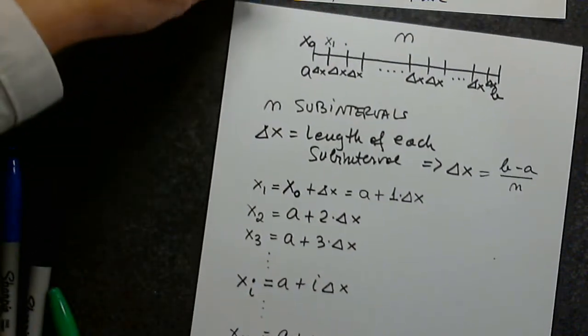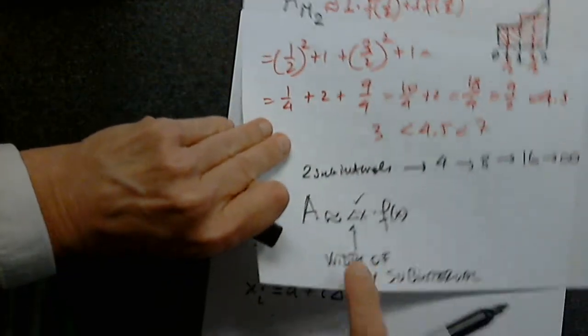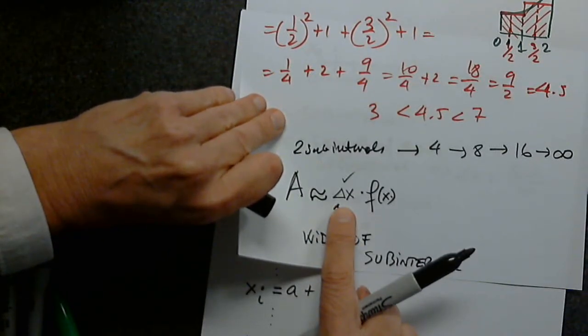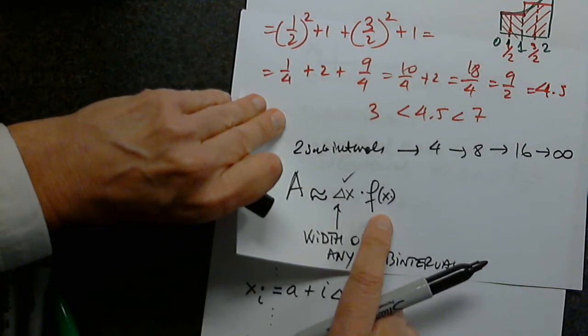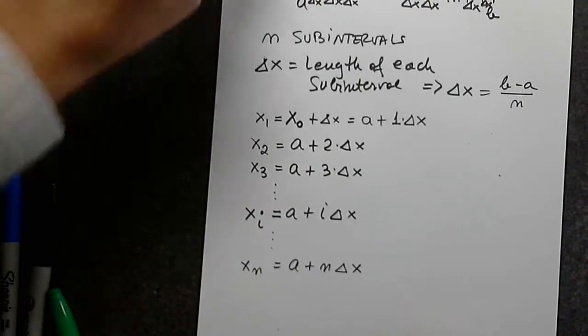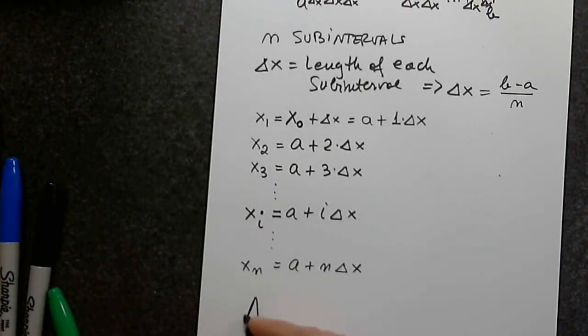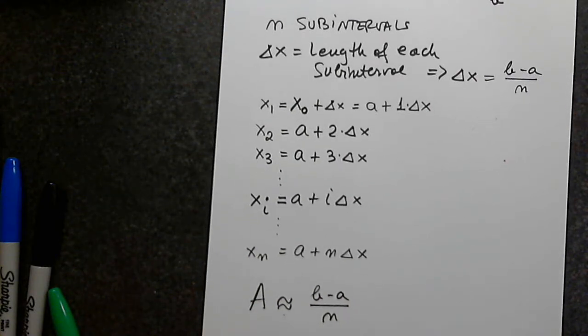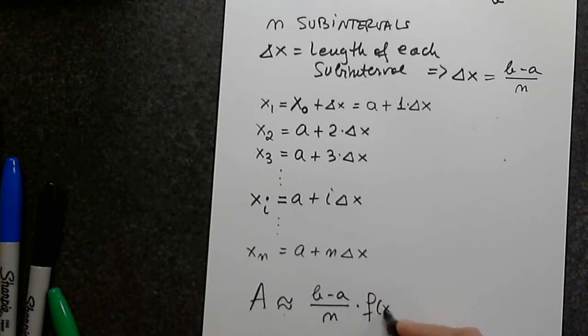Okay, so we have discussed this piece. This piece is very clear. It must be f of x i. So then the area is approximately b minus a divided by n, which is delta x, multiplied by f of xi.